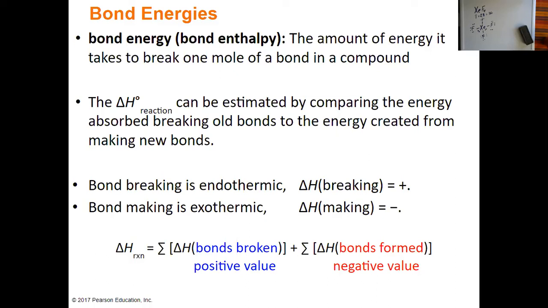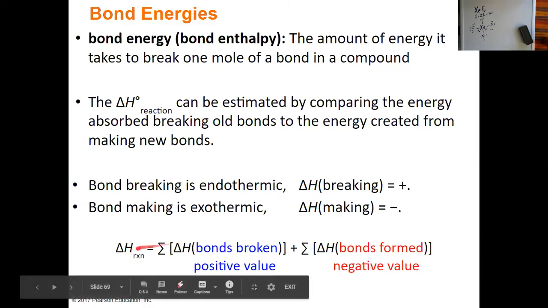All right. Chemical reactions in general involve breaking bonds in your reactant molecules and then creating new bonds in your product end. Okay. So you see down here in this formula, you can calculate the delta H of a reaction by taking the sum of all of the bond energies of the bonds that you break, and this value would be a positive value because it's endothermic, and then adding it to the sum of all of the bonds that you formed, but you're going to make that a negative value because it's an exothermic process.